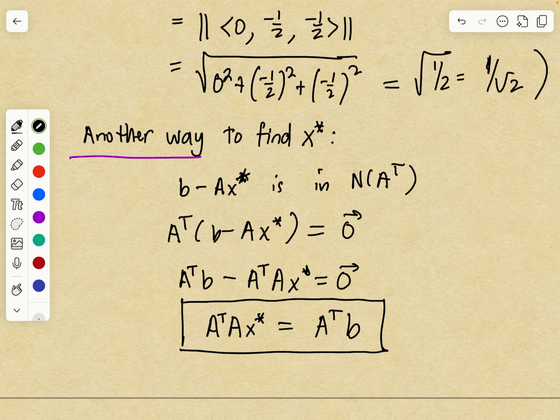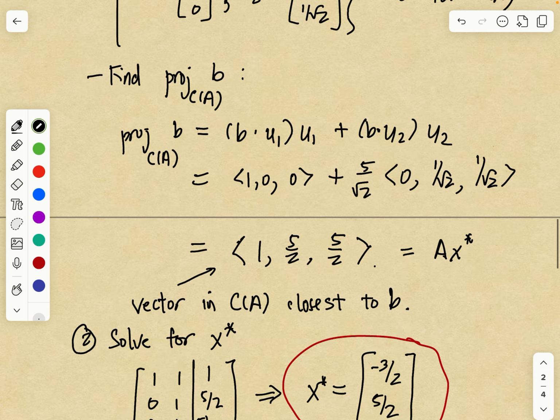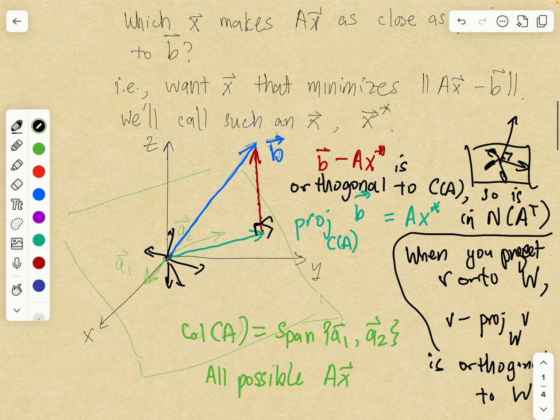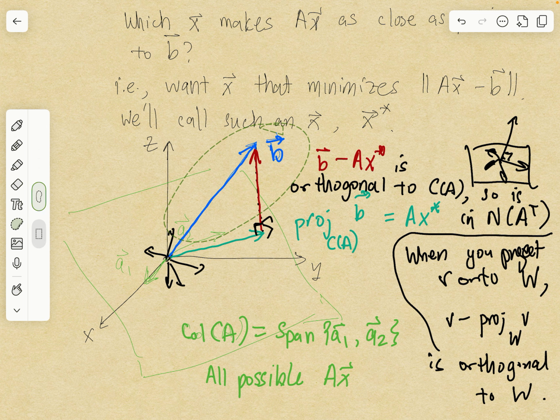One thing that I think I'm sort of sweeping under the rug is that when you have a situation like this, there's only one way to decompose B as a sum of a vector that's in your subspace W and a vector that's orthogonal to W. So it's not just that it's possible to do it, it's that there's only one way to do it.